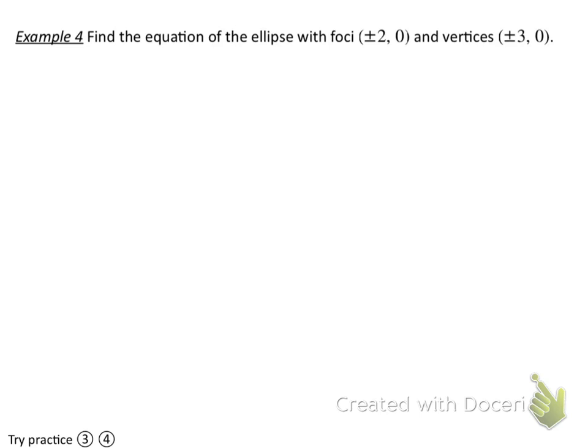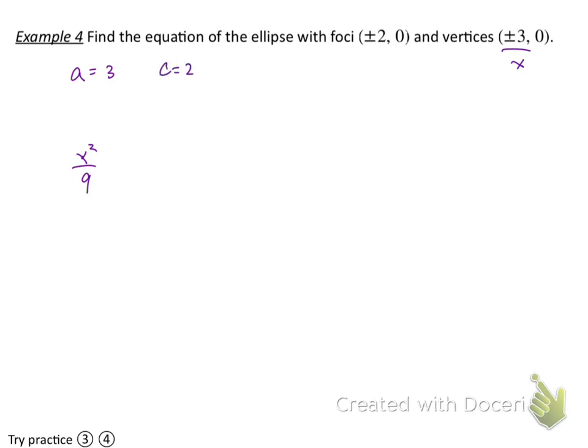Next example, I give you the key information, foci and vertices of the ellipse, and I want to recover the equation. So vertices is the major axis, which means it happens on x. So a equals 3, that happens on x.